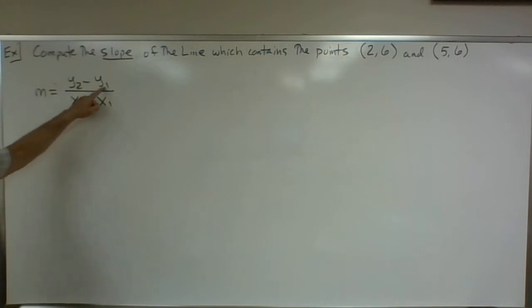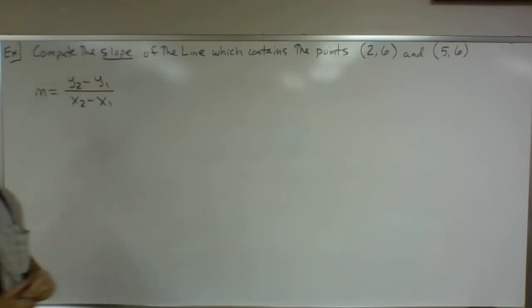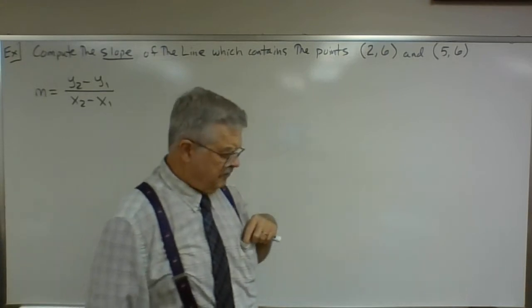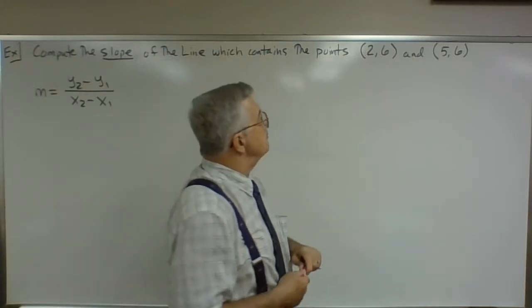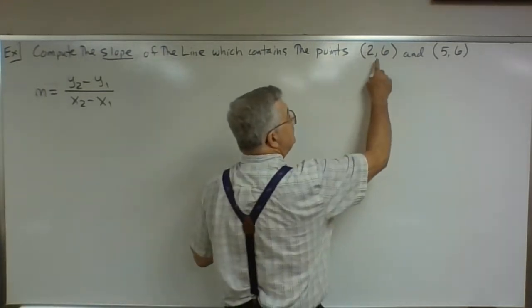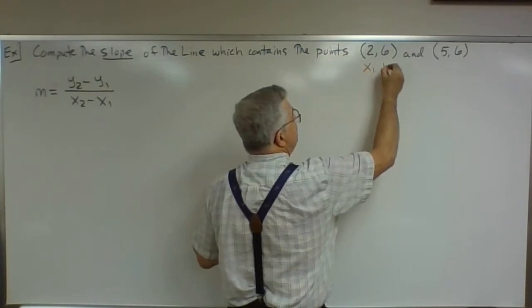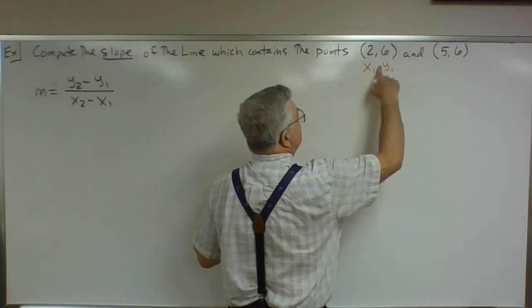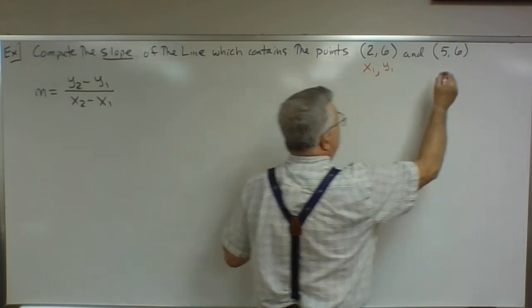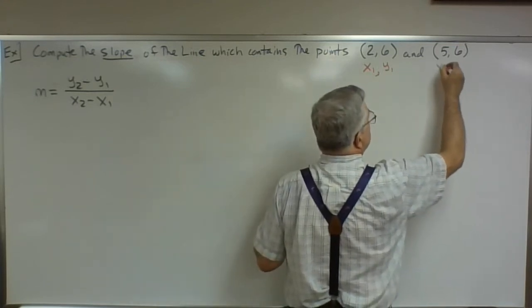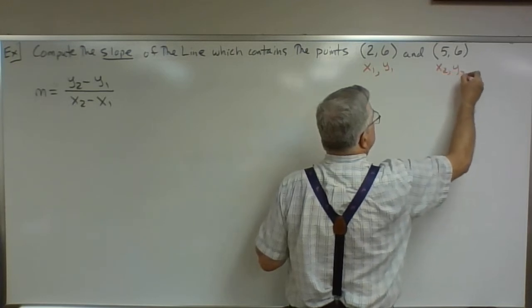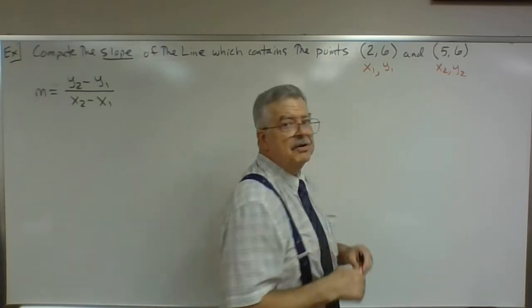And x1, y1 and x2, y2 are distinct points on the line. Arbitrarily, we'll let this be the first point, so we call this x1, y1. And we'll call this the second point, x2, y2.